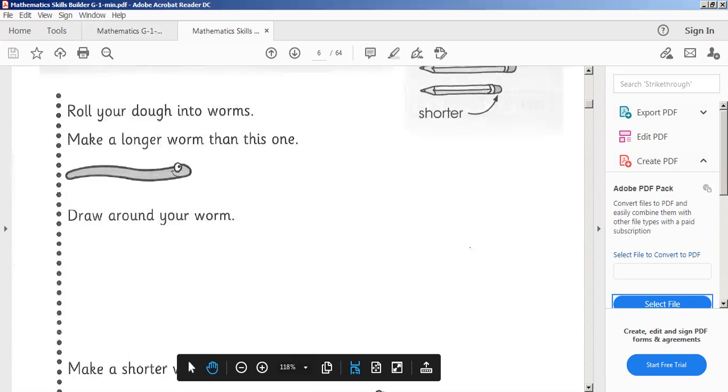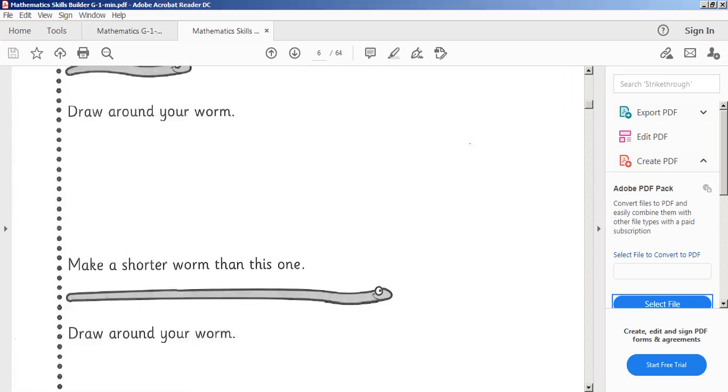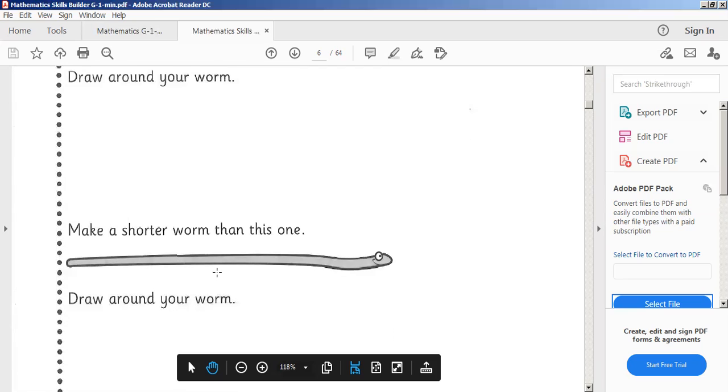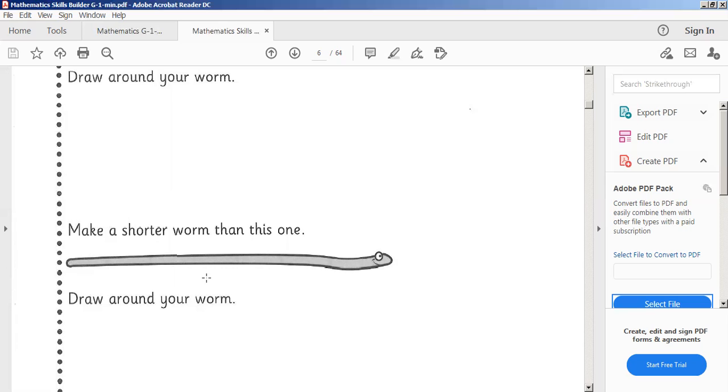Then you will make a shorter one. Now first you make the longer one, then you make a shorter one, then you measure these two. How long is this one, you can write in centimeters, and how short is the one you made with a pencil or with colors.